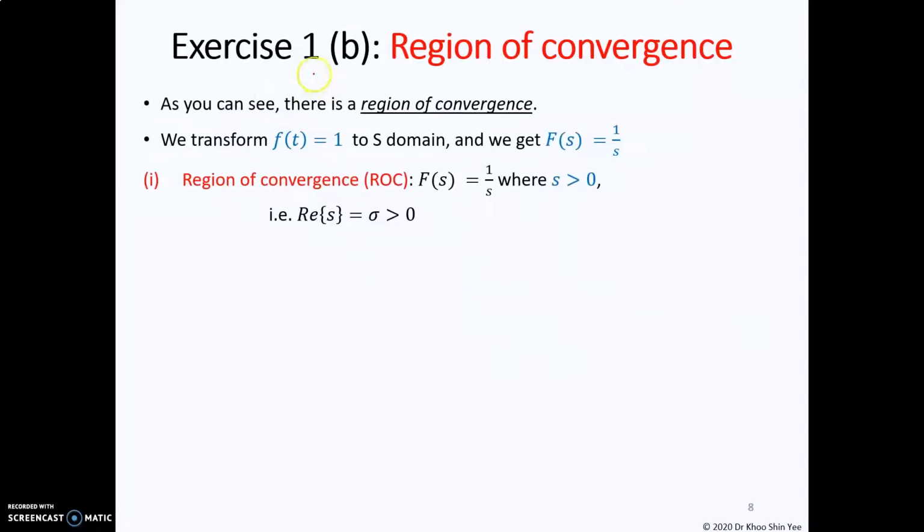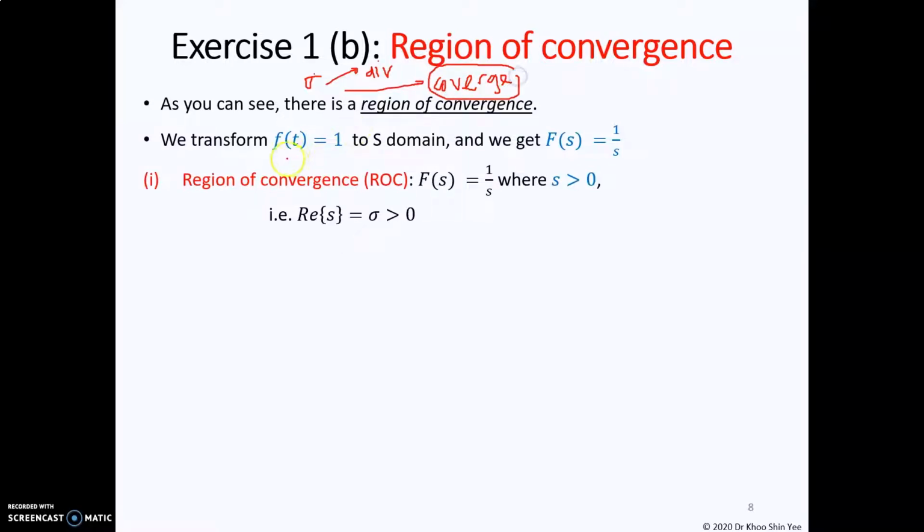As you can see, depending on the sigma, there is a region of convergence. In some region for the sigma, you get a diverged solution. In some region for the sigma, you will get a converged solution. So we want a converged solution.